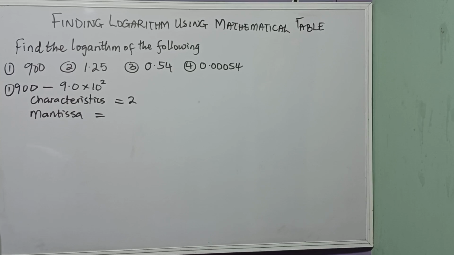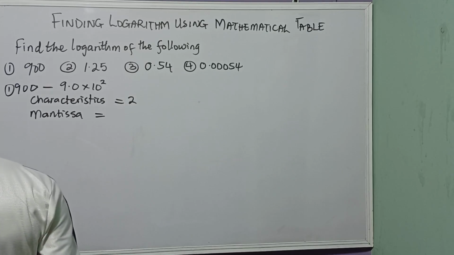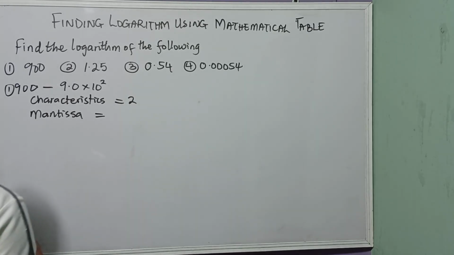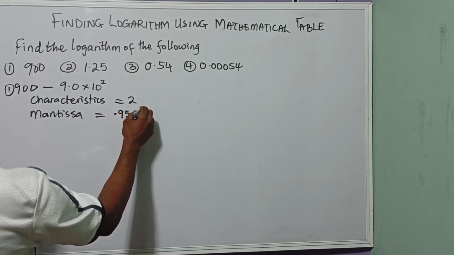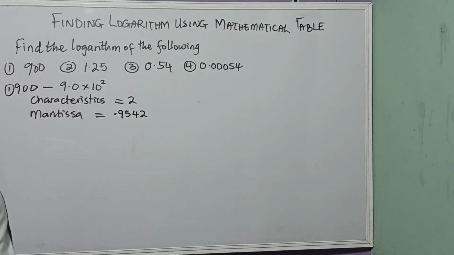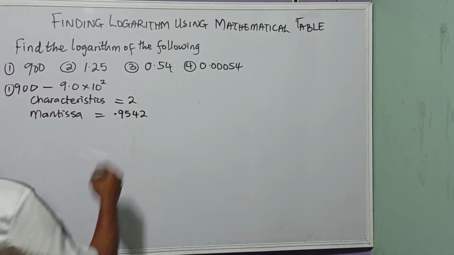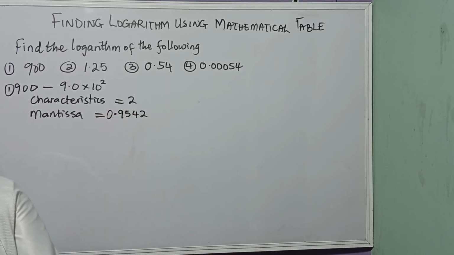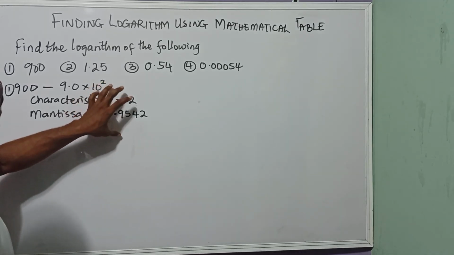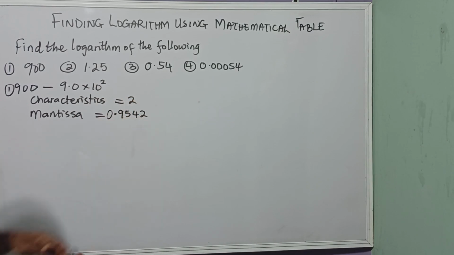So looking at log 90 under 9 under 0, we are having it as 9542. So this would be 0.9542, since it's mantissa.